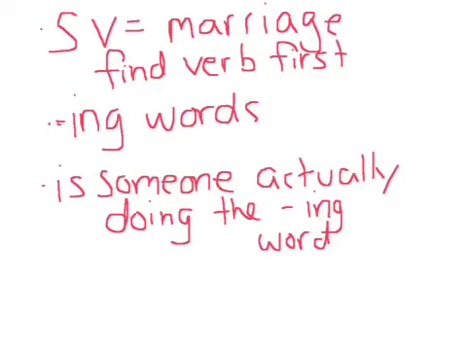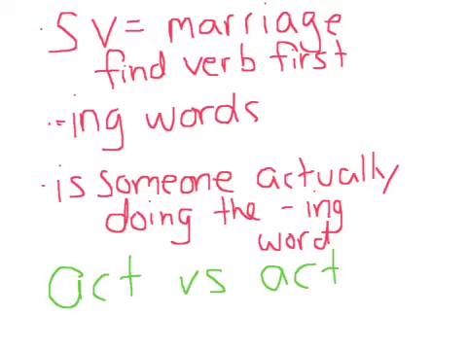We need to keep in mind that gerunds are -ing words that are functioning as nouns. They might look like a verb, but if someone is not actually doing it, if we're talking about the act versus the action, a gerund relates to the act, the verb relates to the action. Nouns relate to the act, verbs to the action. So something to keep in mind.